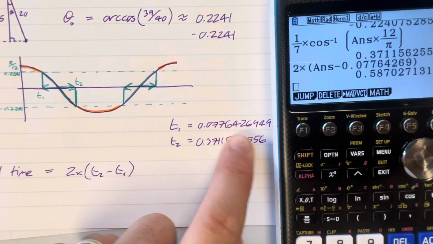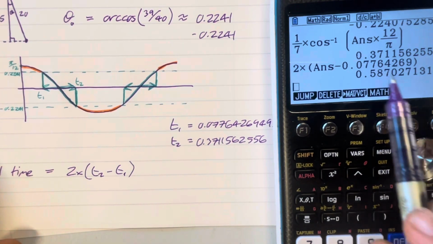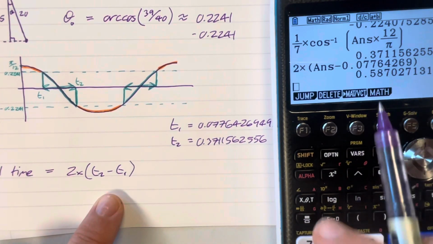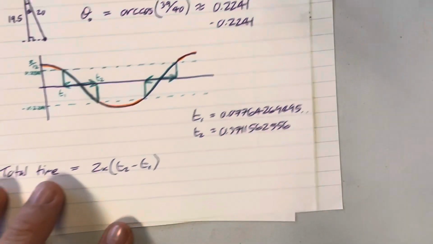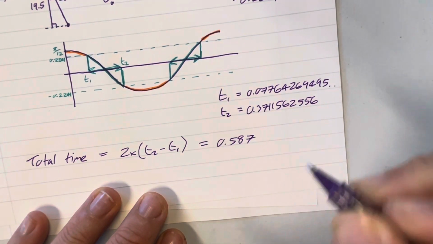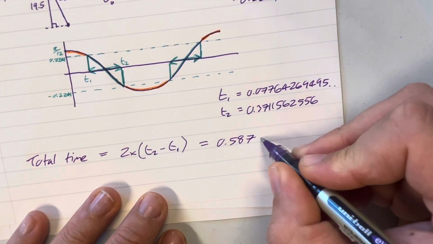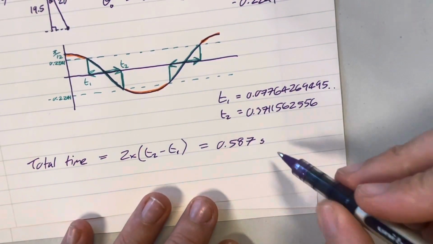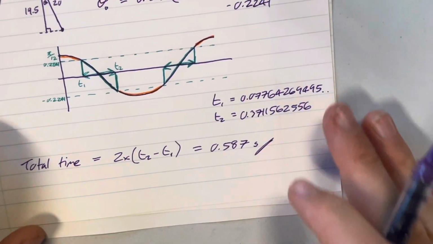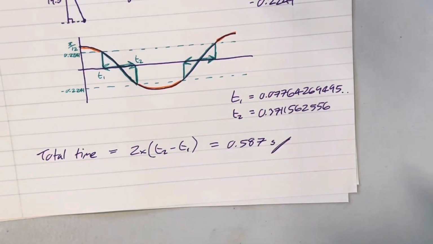Because I'm only going to write my answer to 3 sig fig, I don't have to go all the way. So 0.587 is the total time. And because the length was measured in meters and g is in meters per second squared, this is in seconds, SI units. But it also wants that as a percentage of the total period.